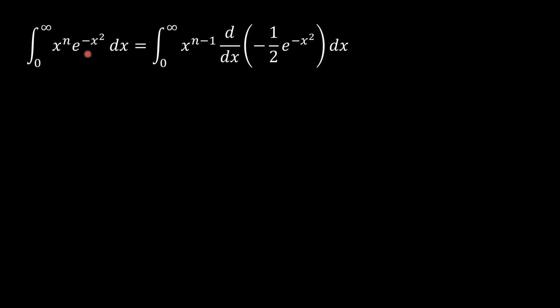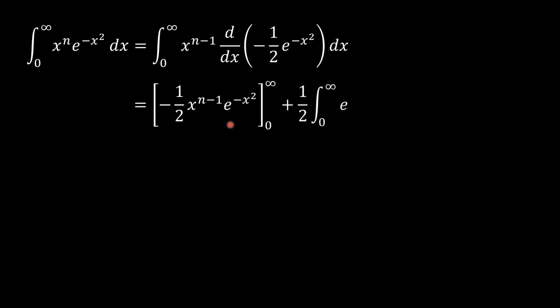And so using that, we can bunch one of the x with the e to the power negative x squared, and that product is the same as the derivative of negative a half e to the power negative x squared. Now, using integration by parts, we now have uv as negative a half x to the power n minus 1 times this e to the power negative x squared.